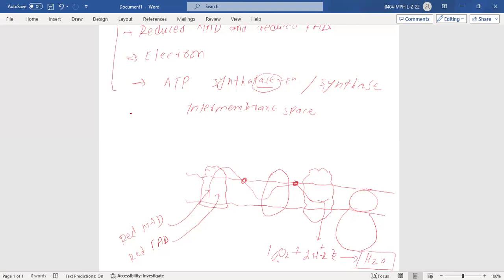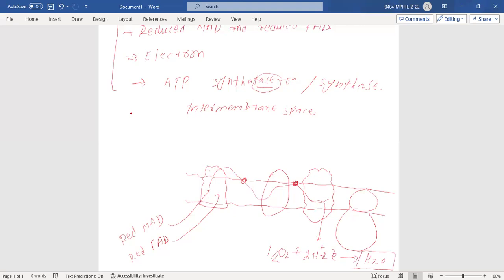Once the electron was excited, it goes down with the help of these electron carriers. At the end, it combines with oxygen and protons, so this is how the water molecule is synthesized.